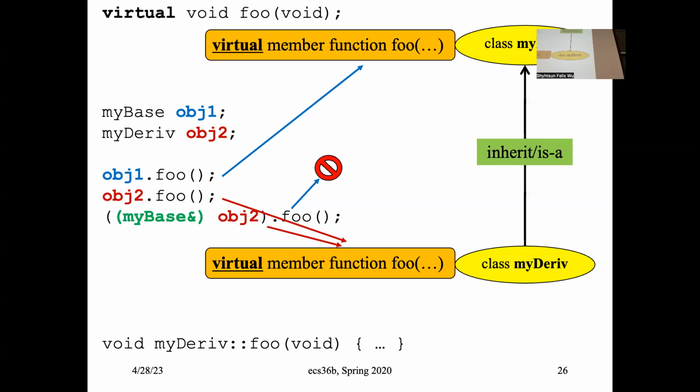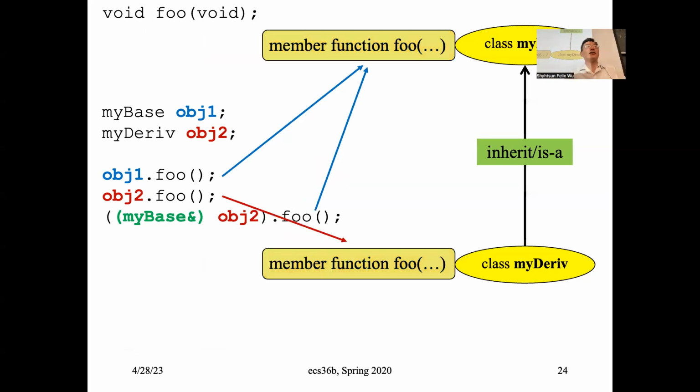If you look at the previous example, if it's not virtual, I decide based on the type of the object at the time of that line, when I'm actually going to call it. That decides which version I'm going to call.